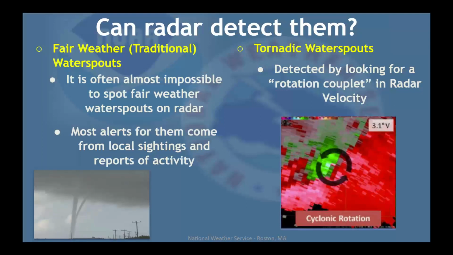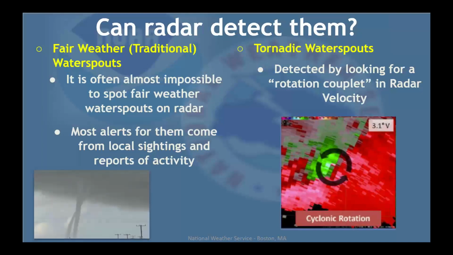because these phenomena can cause significant damage, we want to be able to detect them, right? So how well are we equipped to detect these? With the fair weather waterspouts, it often is almost impossible to spot them on radar, just because the rotation is not only so weak, but it often starts very low at the surface and rises, so it's not really in the clouds.